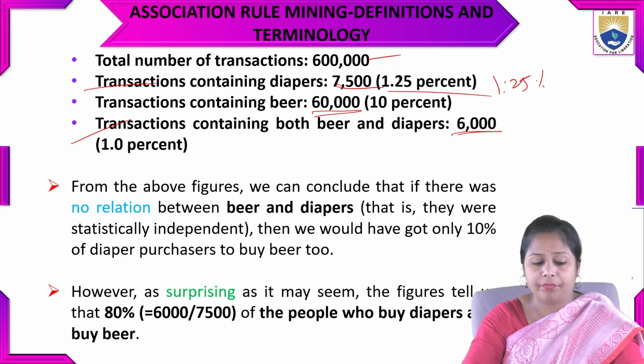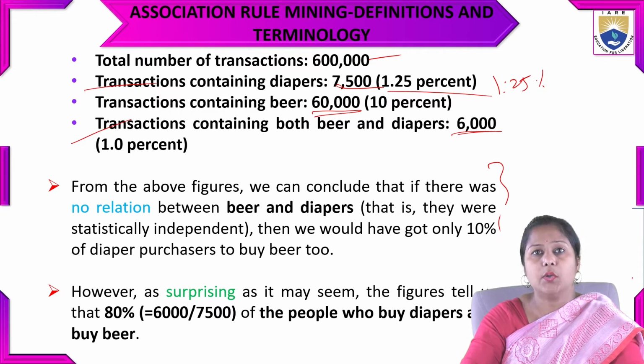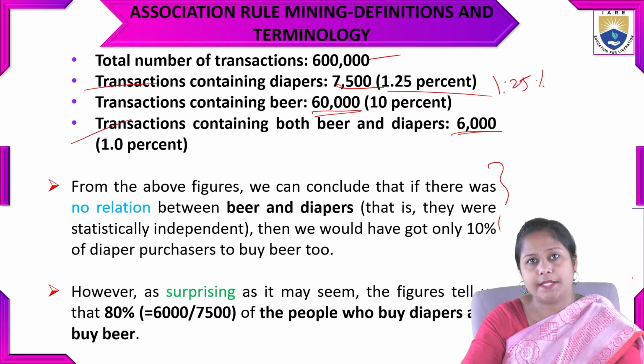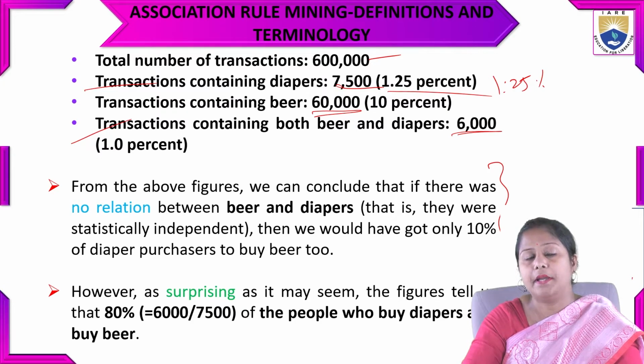From the above figures we can conclude that if there were no relation between beer and diapers, that is, if they were statistically independent, then we would have got only 10% of diaper purchasers buying beer too.